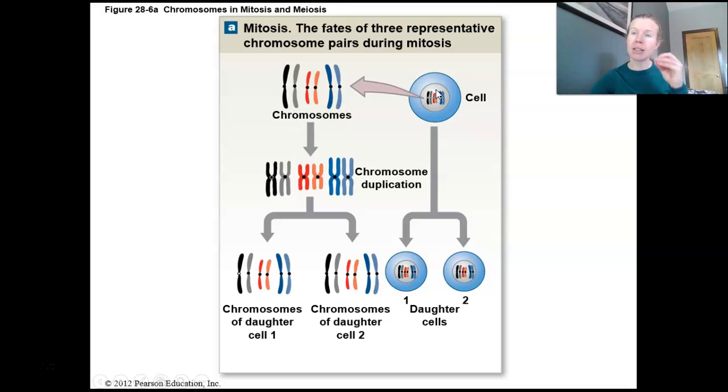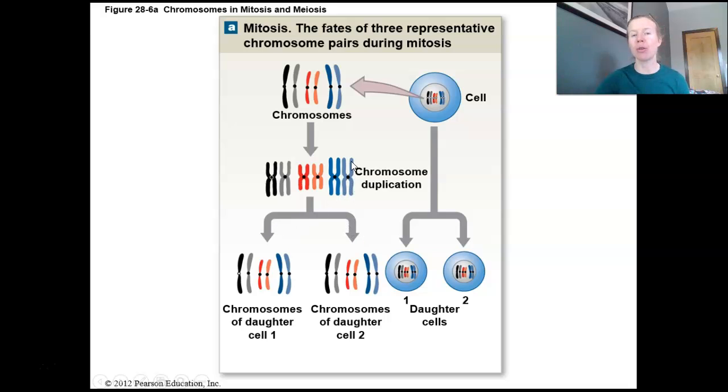Now, in a cell, before it undergoes division, those chromosomes are going to duplicate, right? We actually do DNA replication. And so now instead of just being a chromosome that's a single line, we have this very characteristic X shape that we're used to seeing in our chromosomes. Now, this is the only part of this slide that's actually showing mitosis, right?